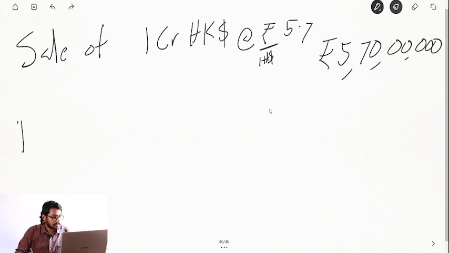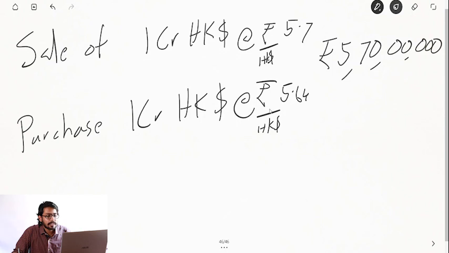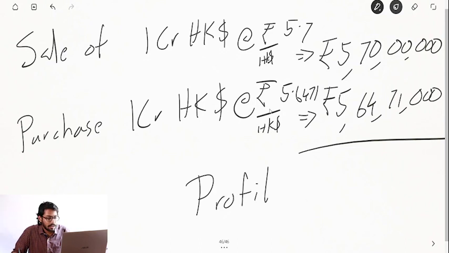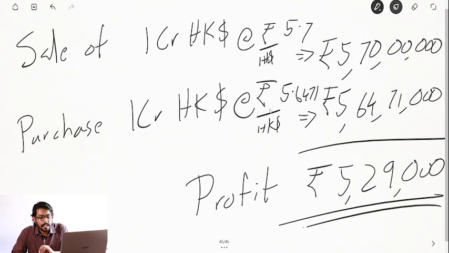Purchase of 1 crore Hong Kong dollar, this is a cover transaction, at rupee by Hong Kong dollar 5.6471, that is rupees 5 crore 64 lakh 71,000. You sold at 5 crore 70, you bought it back at 5 crore 64, you definitely have a profit of rupees 5 lakh 29,000. This is your profit in the transaction.